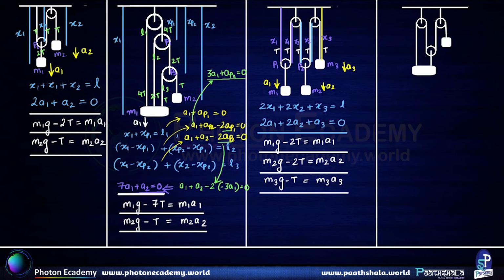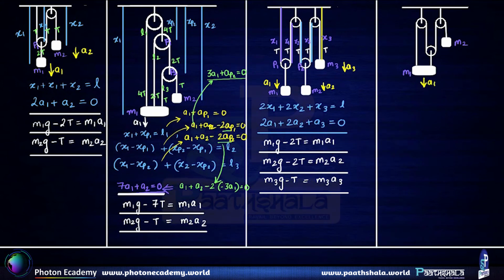So this is the mass m1 in this case, and this is the mass m2. So the accelerations, I'll assume the acceleration of mass m1 to be a1 in the downward direction and a2 for the mass m2. The distances are so measured. This happens to be x1.